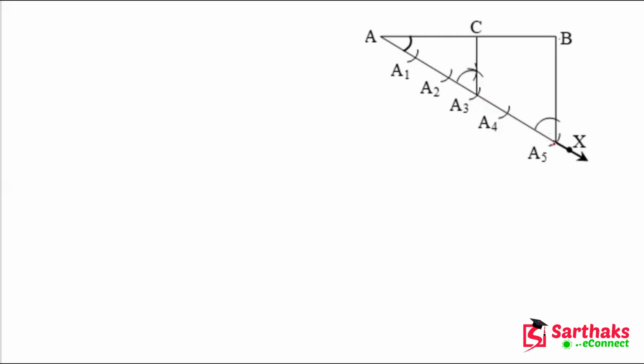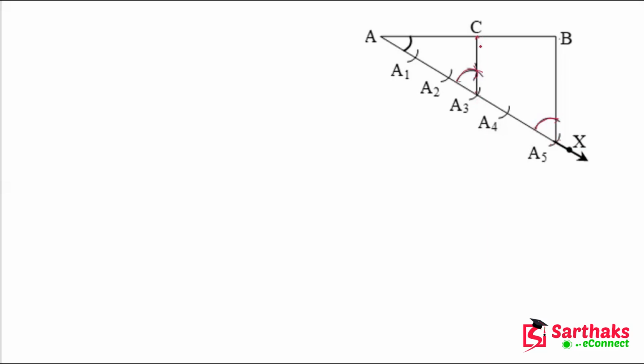For this, with the help of a compass we make an arc like this, and the same at the point A3 we draw an arc. With the compass we measure this angle and cut an arc from this point, passing through A3, and from the point of intersection we meet point C on line AB.